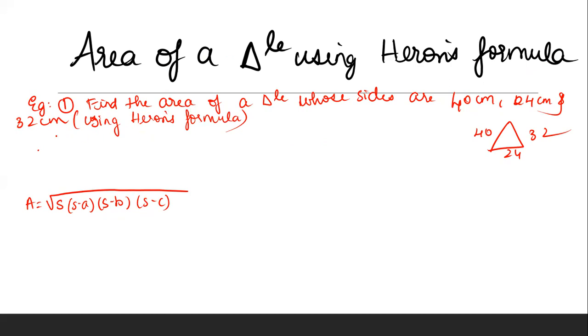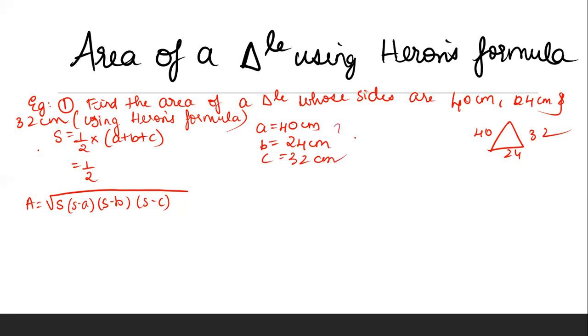To find the semi-perimeter, we take half of the perimeter, which is A plus B plus C. Here, A is equal to 40 centimeter because it's the first side. B is equal to 24 centimeter because it's the second side. And C is equal to 32 centimeter because it's the third side.